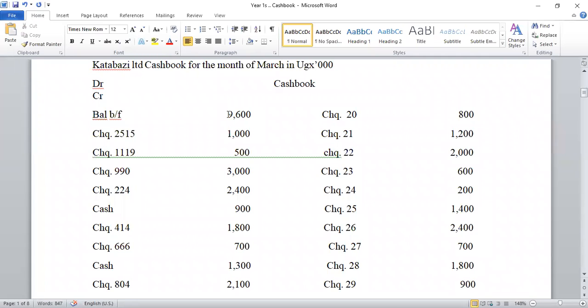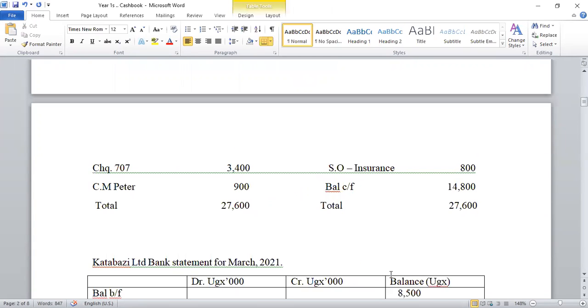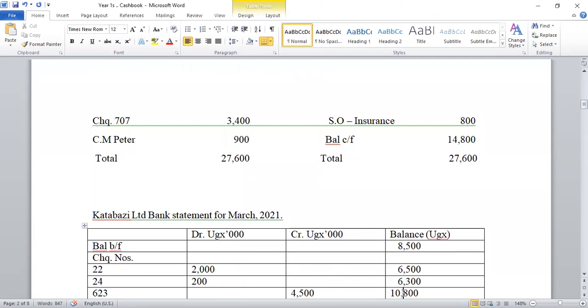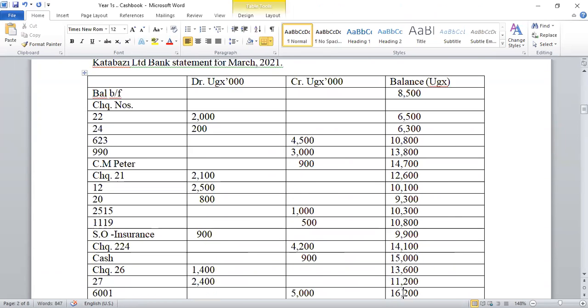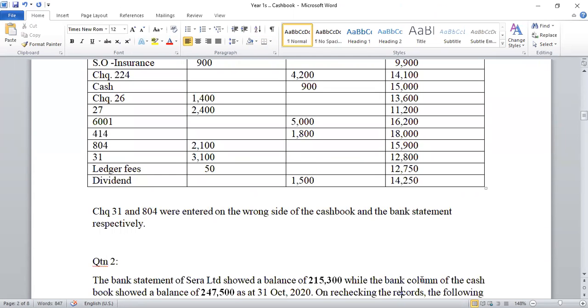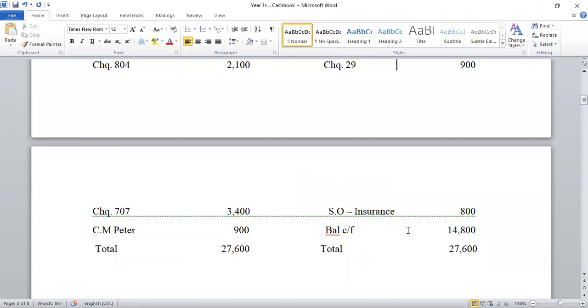So you have a difference between the 9,600 opening balance of the cash book and the 8,500 of the bank statement. Additionally, even the closing balances, you need to reconcile them. What is the closing balance of this one? It is 14,250, yet for the cash book it is 14,800. So maybe I can give you a tip on that.